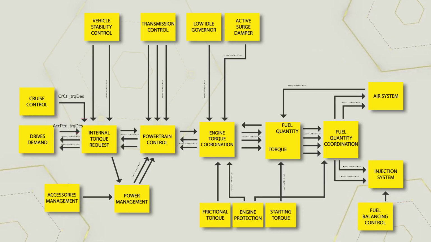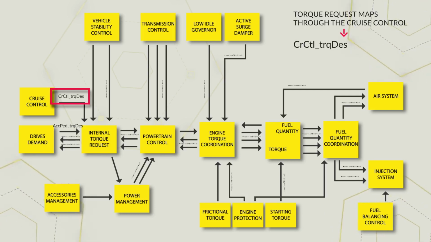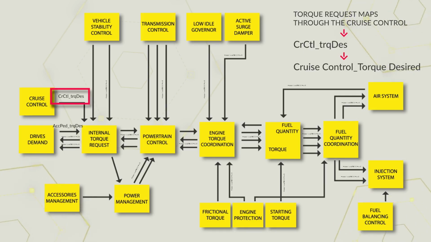Or to find the torque request map through the cruise control, the code is CRCTL_TRQDES, which stands for Cruise Control Desired Torque.